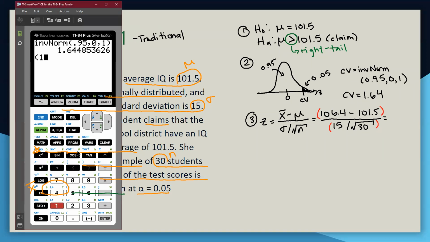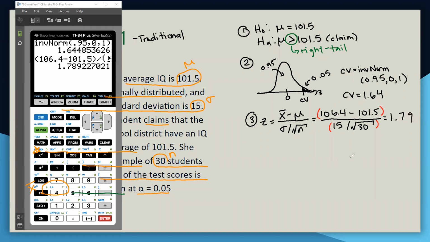So in the numerator, 106.4 minus 101.5. And then we're going to divide by standard deviation divided by square root of sample size. And I get the value 1.79 if I round to 2 decimal places.